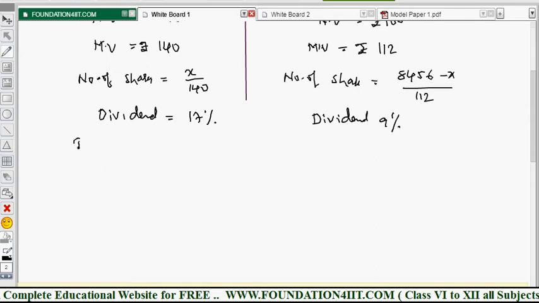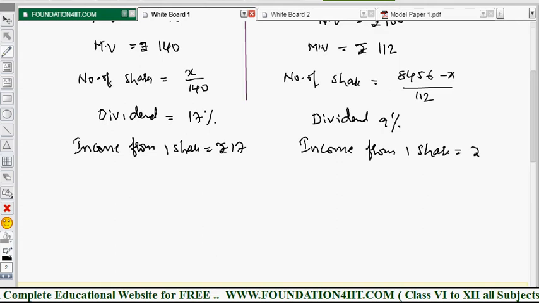And 9% of 100 is 9, therefore the income from one share here is rupees 9.